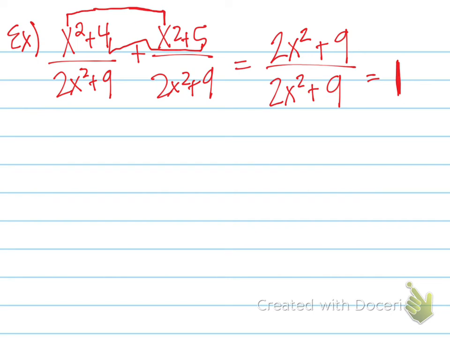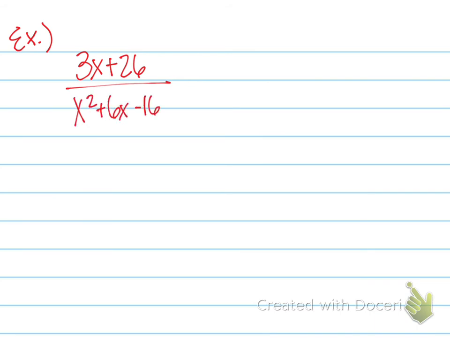Let's see. That was the easy one. Example number 2. 3x plus 26 over x squared plus 6x minus 16 minus 2 over x minus 2. Okay.